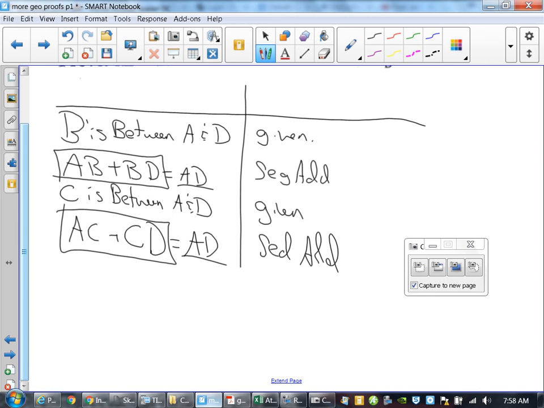Yeah. So you just substitute in one for another. You set them equal to each other. Anytime you have two things that equal the same thing, they're always equal to each other. Always, always, always. And what's the reason? Substitution.